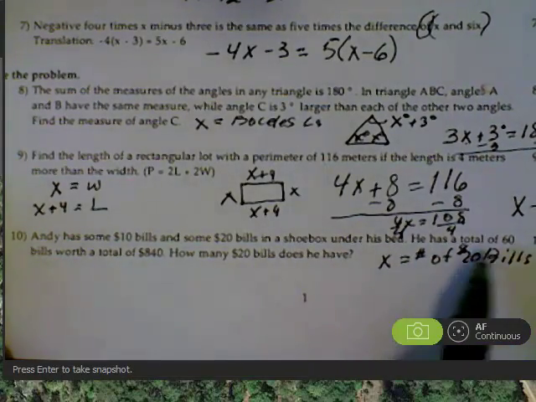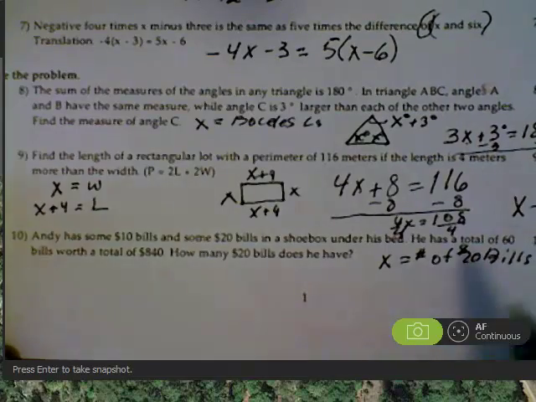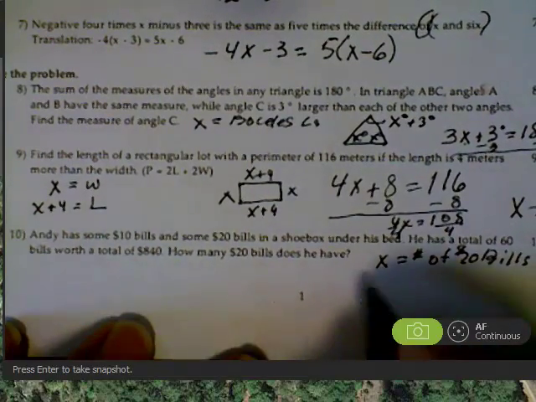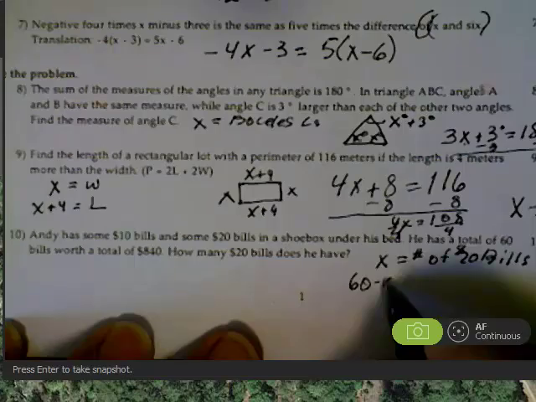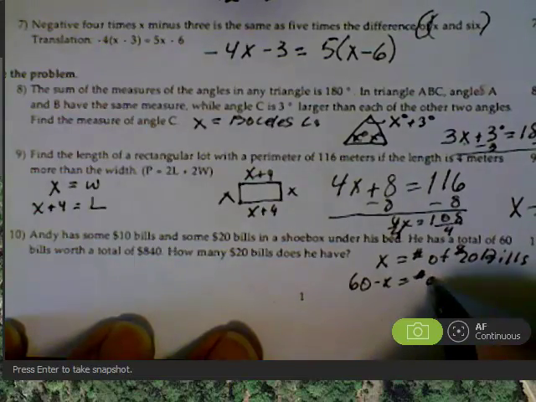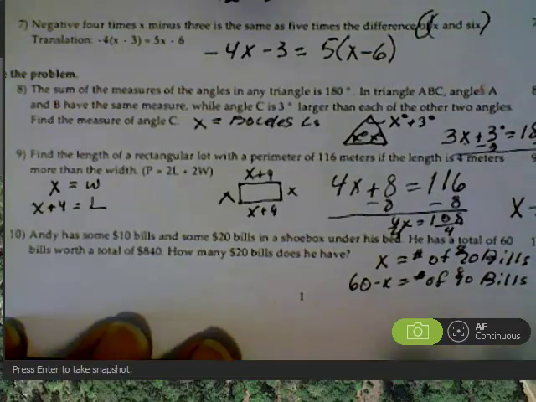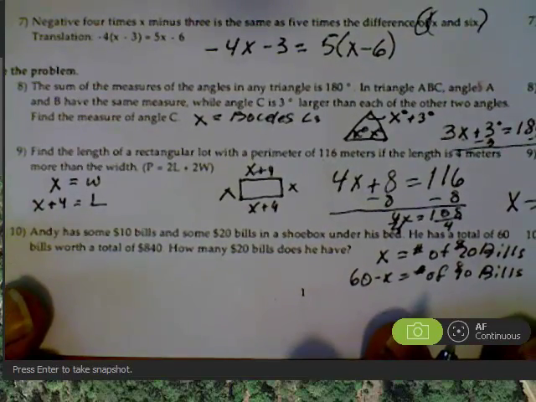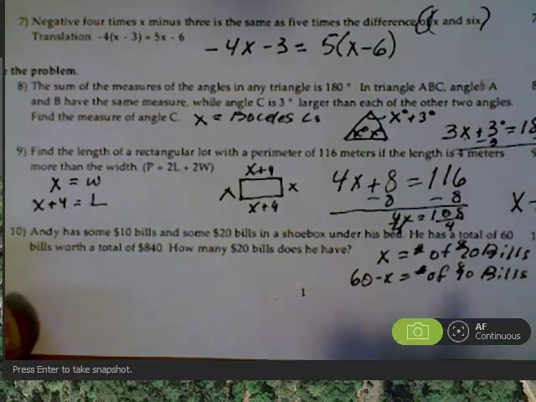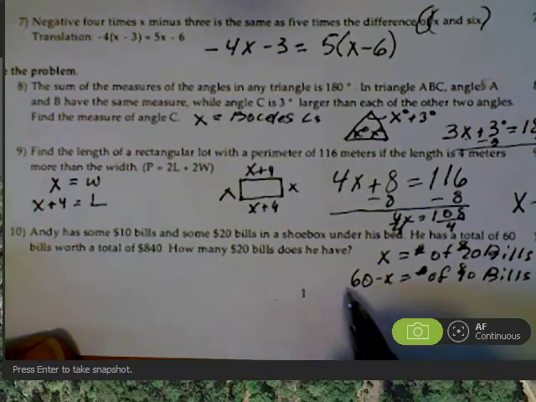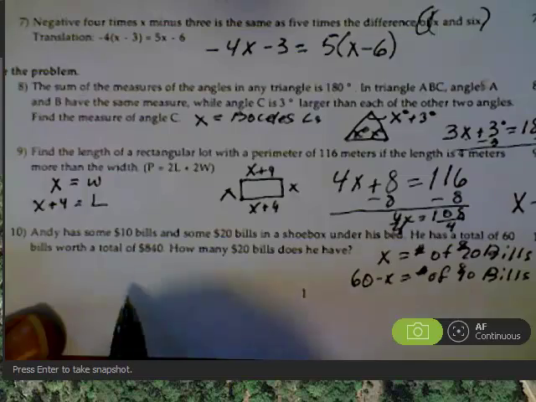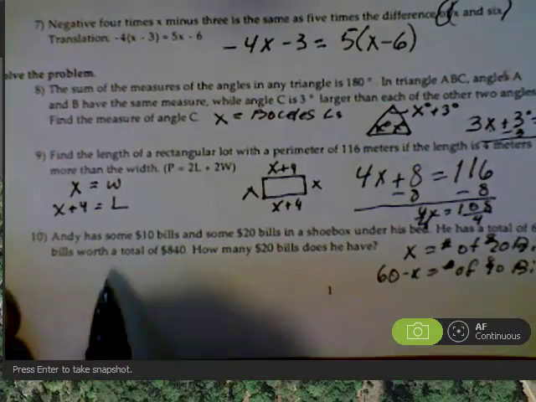There are a total of 60 bills. So 60 minus X equals the number of $10 bills. The total is $840. So we recognize that we have X $20 bills.